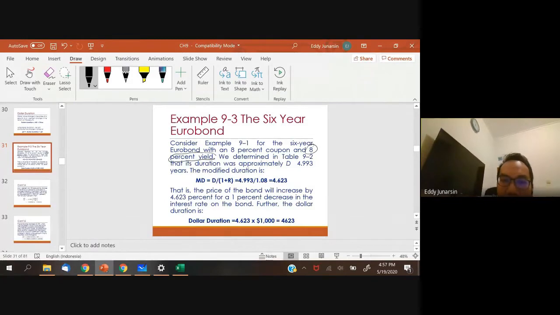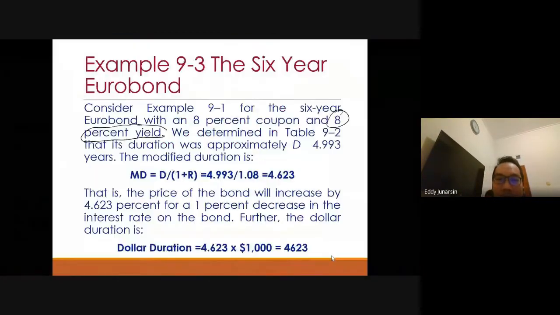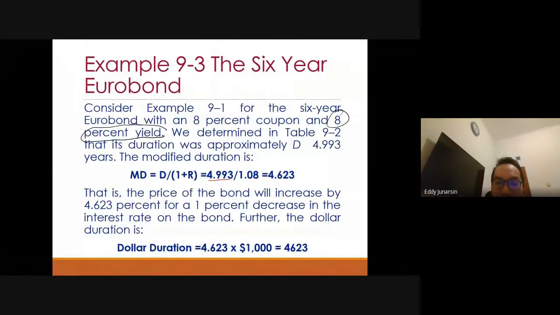The original market rate is 8%. So we get the modified duration of 4.6 years. This is called modified duration: duration divided by 1 plus original market rate.